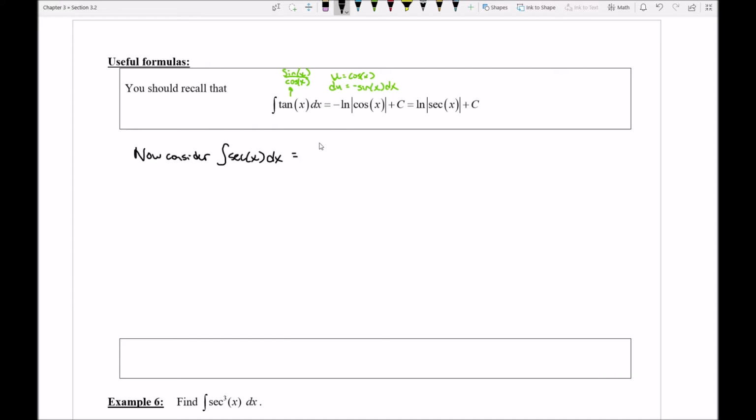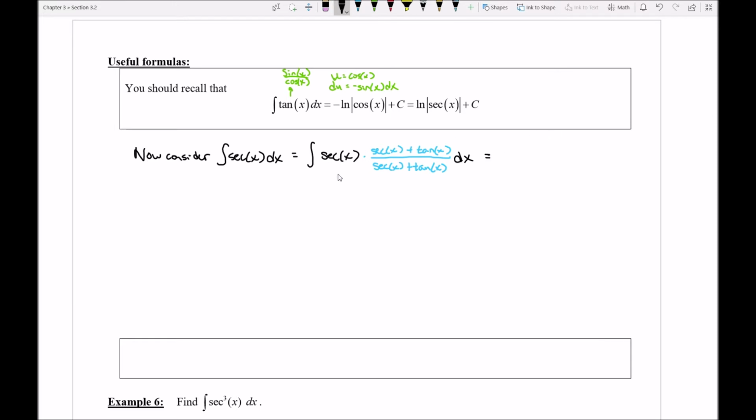So I'm going to perform a little bit of algebra, and this algebra at first can seem a bit strange. I'm going to multiply by a fancy version of the number 1. I'm going to choose to multiply by secant of x plus tangent x over secant x plus tangent x. Since those are being divided, I'm just multiplying by 1. I haven't really changed what I'm integrating, just changed the way that it looks.